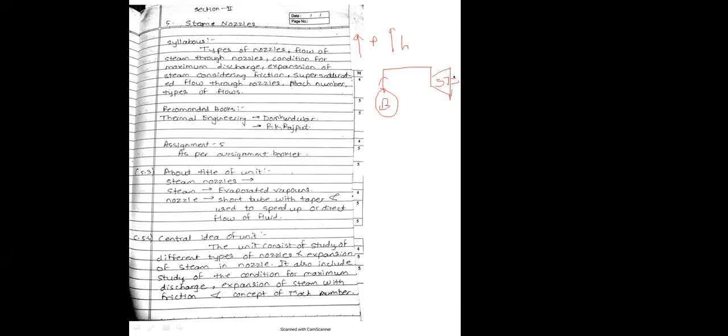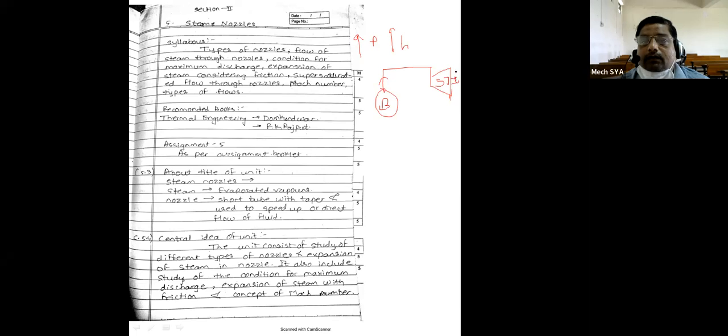So if high thermal energy is there, the nozzle is a device which converts thermal energy of steam into kinetic energy by increasing velocity, by decreasing pressure. If you decrease the pressure, definitely expansion is going to take place.